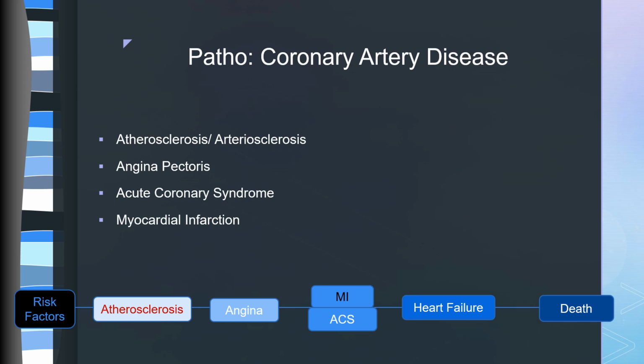Then angina can become unstable, and it can result in an MI, myocardial infarction, or acute coronary syndrome, and that can lead to heart failure and lastly death. So it's really a slippery slope once this cascade of events starts to occur, but again, it's progressive, it happens over time, and what we as nurses can do is educate our patients on how to prevent that from occurring or slow the process.